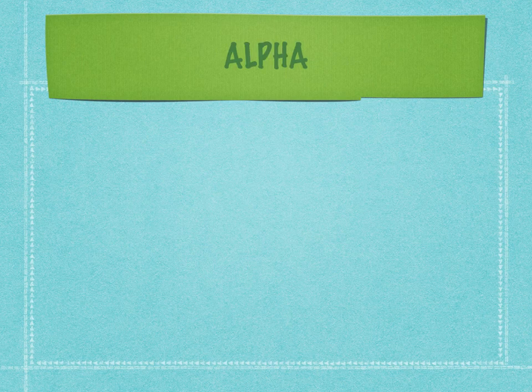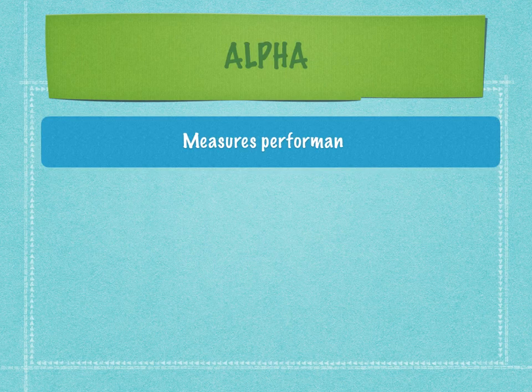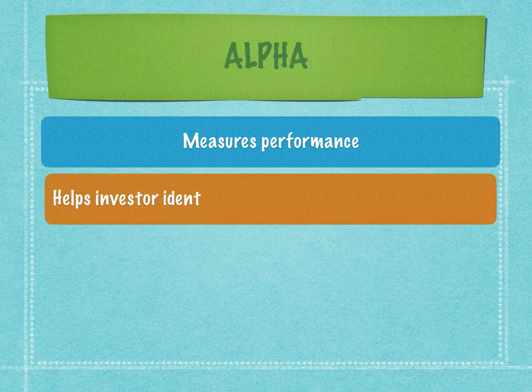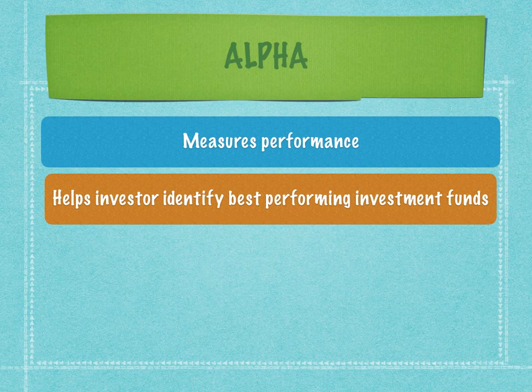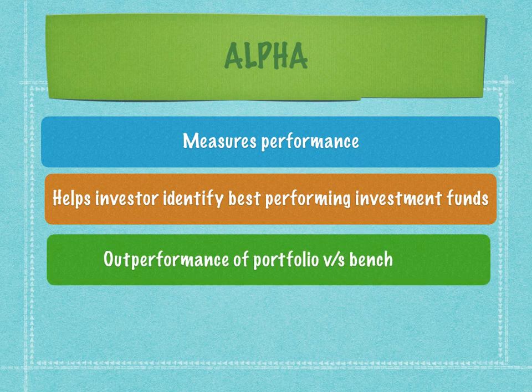Let's take the second ratio, alpha. Alpha is a measure of performance. Okay, so beta is a measure of volatility, alpha is a measure of performance. So this directly shows the fund manager's performance, the fund manager's ability to outgrow the portfolio's returns. It helps investor identify the best performing investment funds.